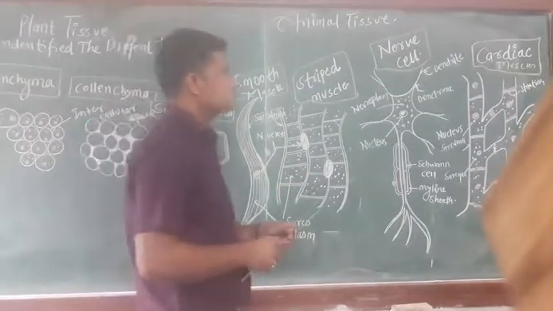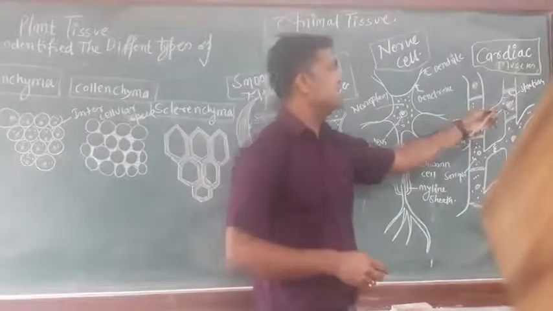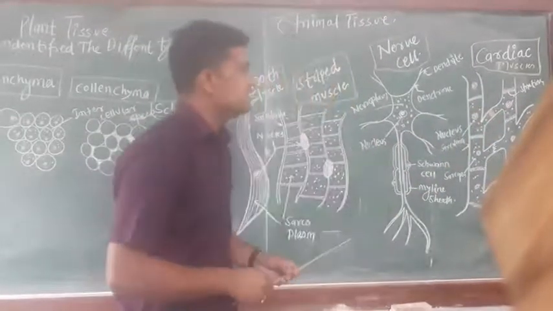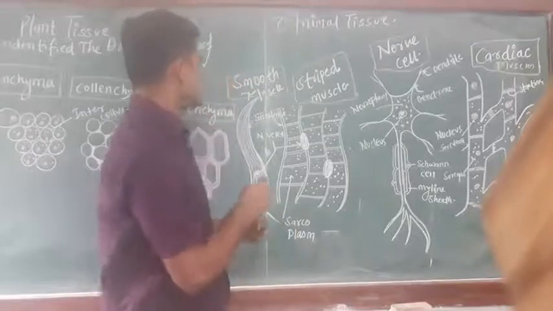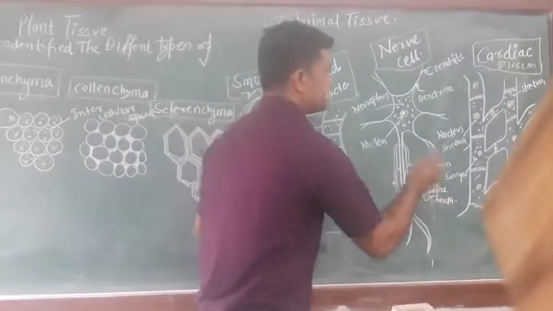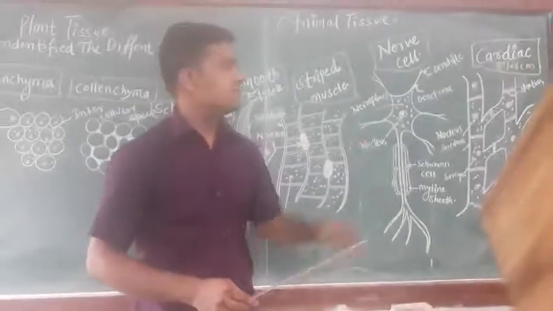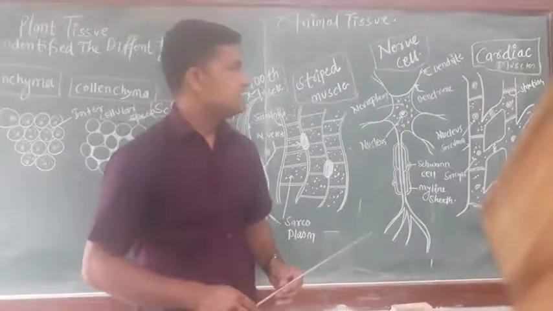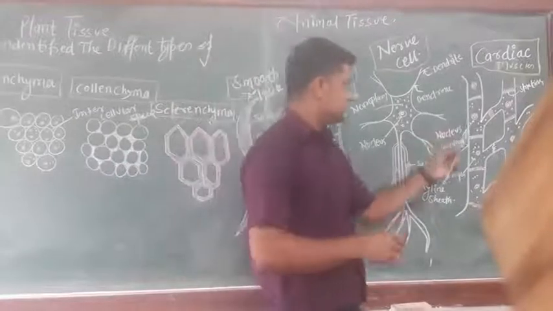Next one, cardiac muscle. Muscle number 3, cardiac muscle: smooth muscle, striated muscle and cardiac muscle. Cardiac muscle is found in your heart. That's why its name is cardiac muscle. What is the main structure of the cardiac muscle?